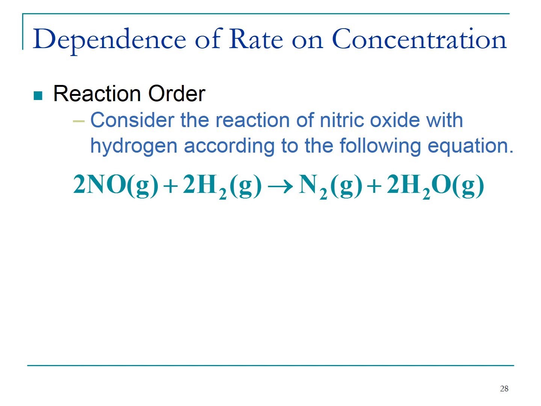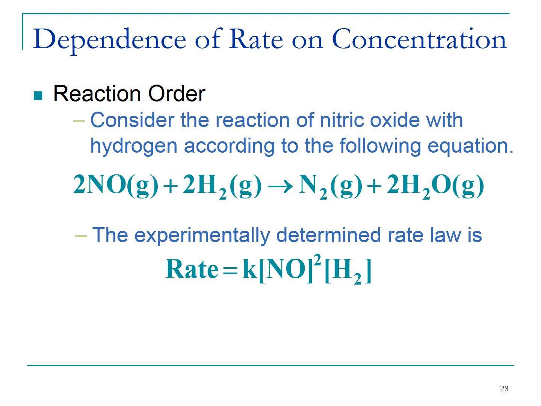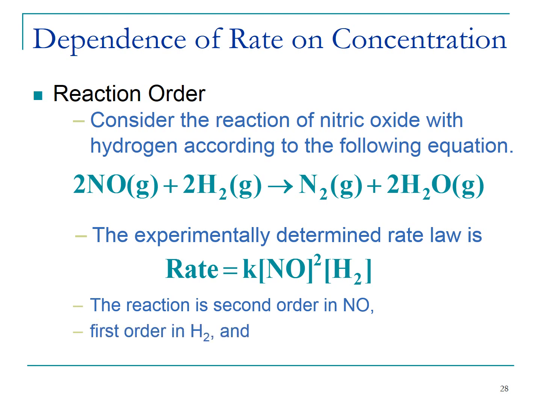Again, we don't know the powers because we can't look at the coefficients, but suppose experimentally we ran this reaction and the following rate was determined: rate equals k times the concentration of NO to the second power times the concentration of H2. So if I want to know the reaction order, I would say it is second order with respect to NO. If it's squared, we call that second order. It is first order with respect to H2.